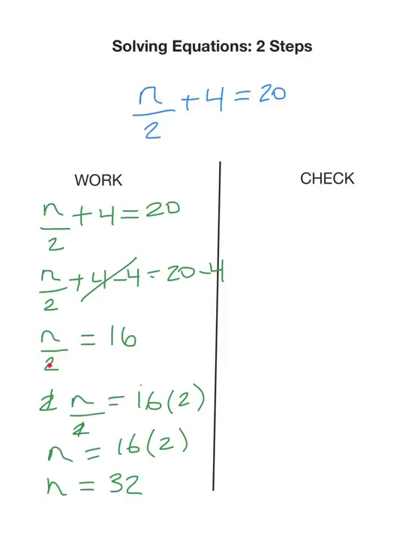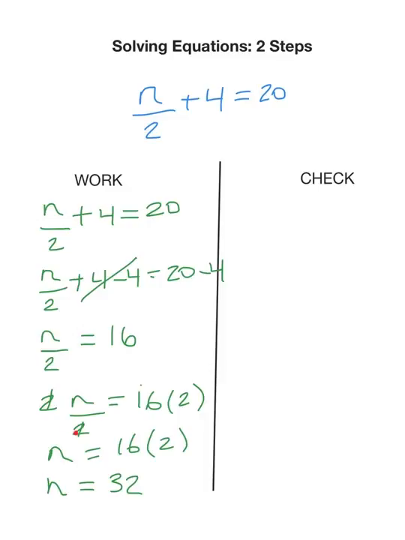Now, we needed to get rid of this 2 over here because we just wanted n equaling some sort of number. So a number divided by 2 will give us 16. So the next step is to think of the opposite of division, which was multiplication. So if we do 2 times n divided by 2, we're canceling each other out here, because if we're multiplying n by 2 and dividing n by 2, then it becomes nothing.